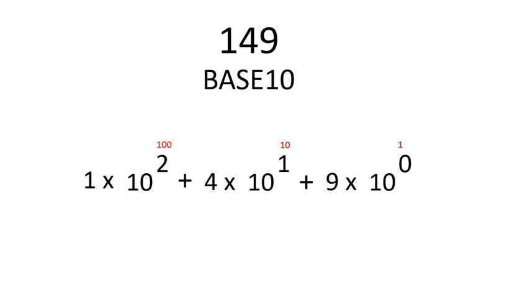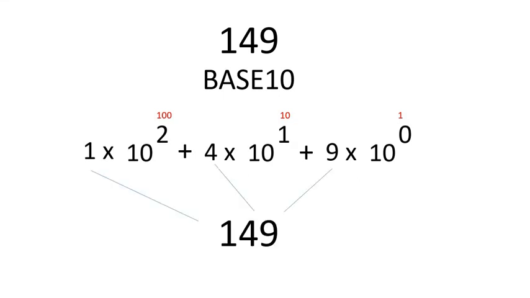1 times 10 to the power of 2, which is 100. 4 times 10 to the power of 1, which is 10, which is 40. And 9 times 10 to the power of 0, which is 9. And this gives us the digit 149. Alright?